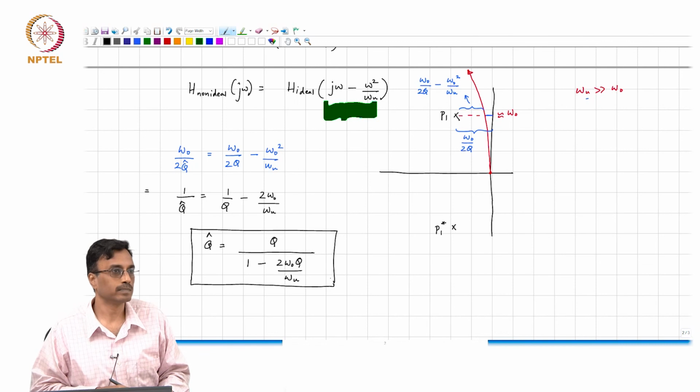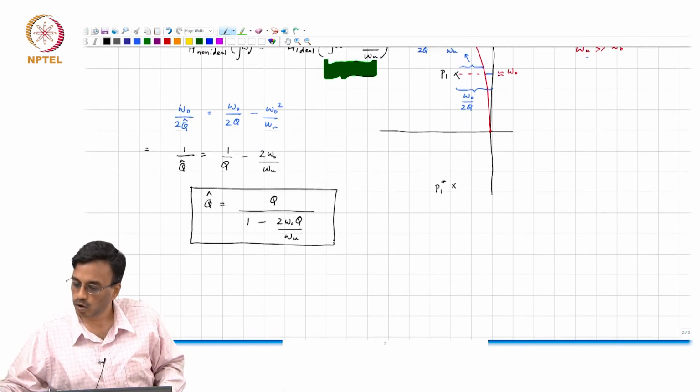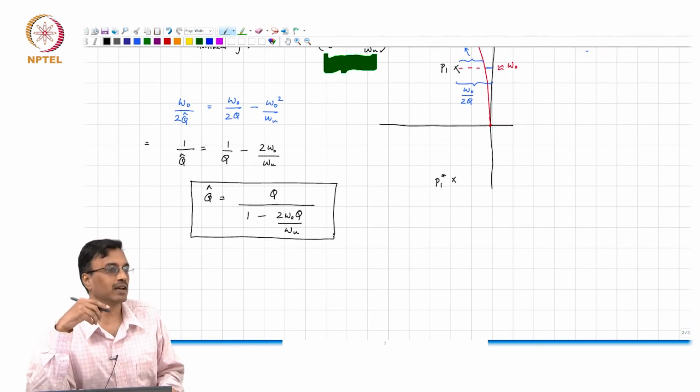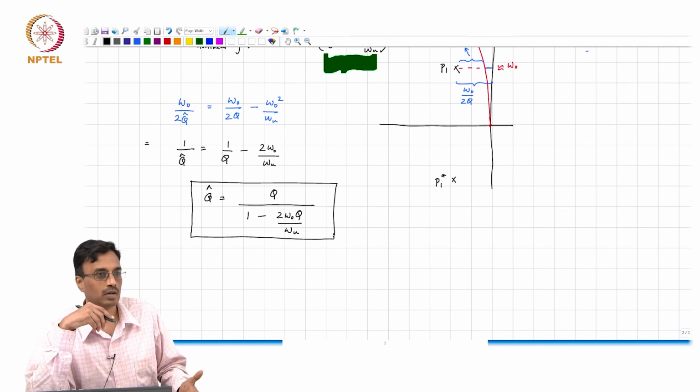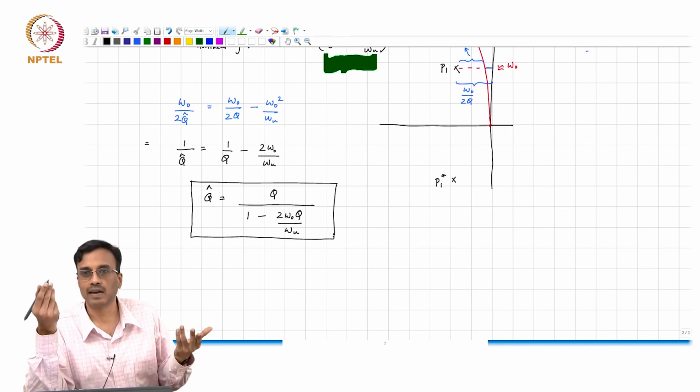All right. Okay. So, is q hat higher than q or smaller than q? That again makes sense, right?